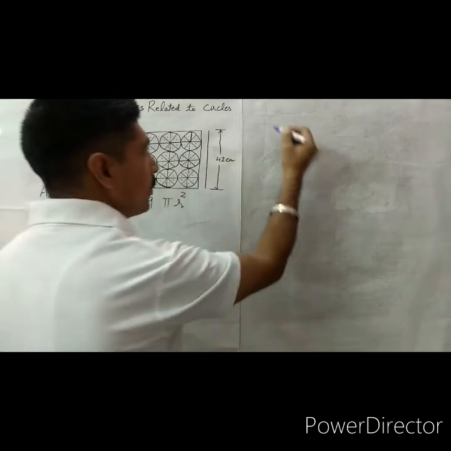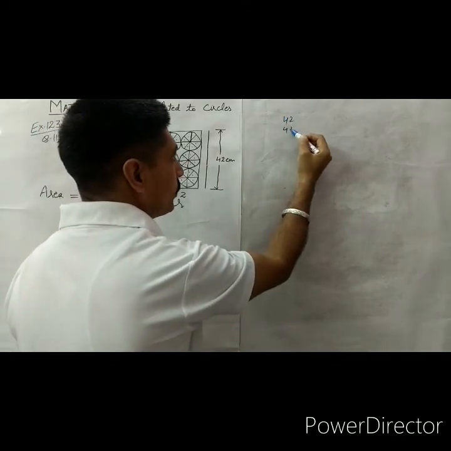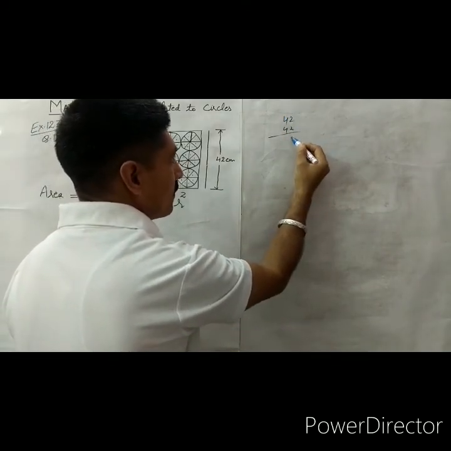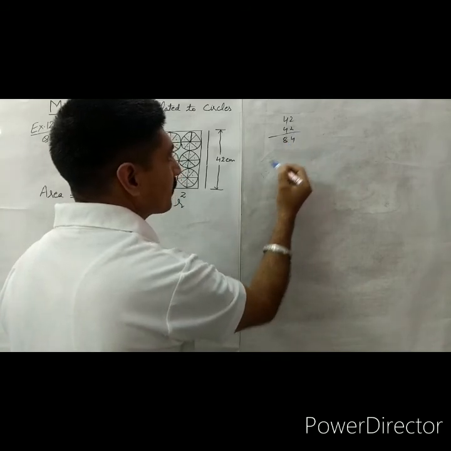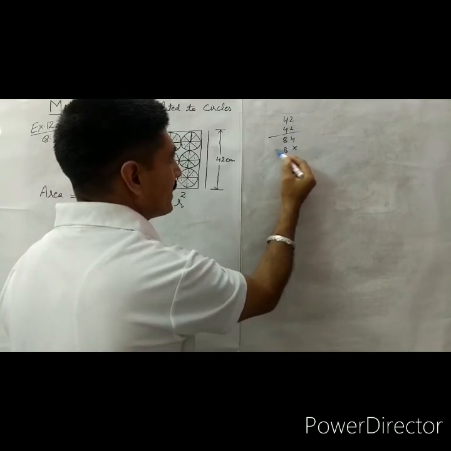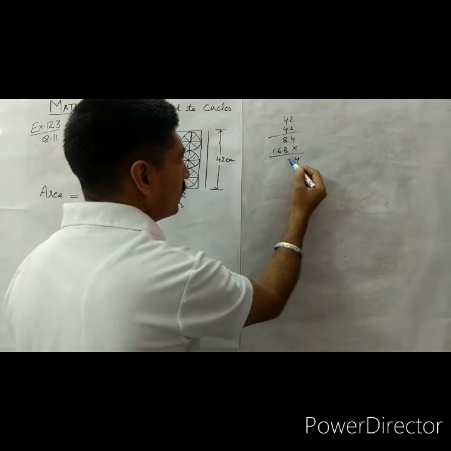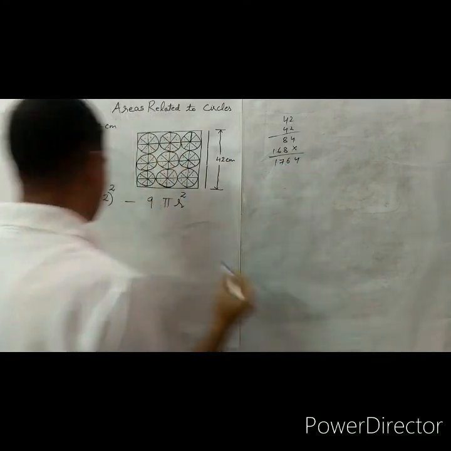So here first 42 into 42. So here 2 twos are 4, 8, again 8, 16. So here 4, 16.